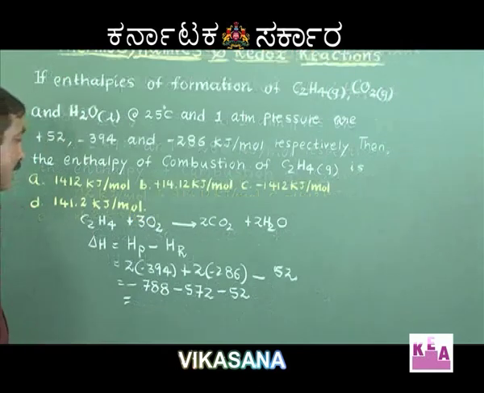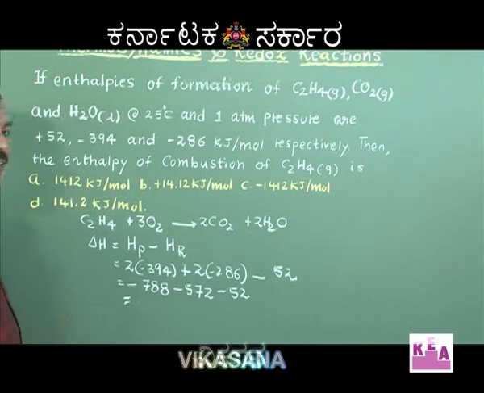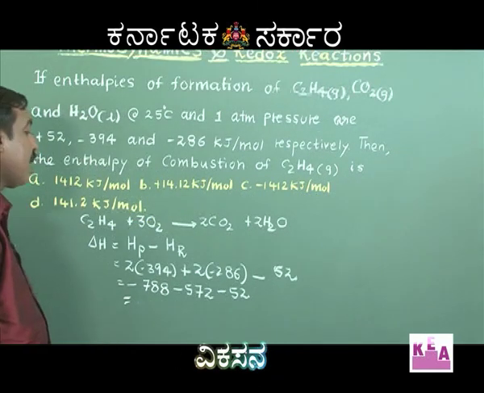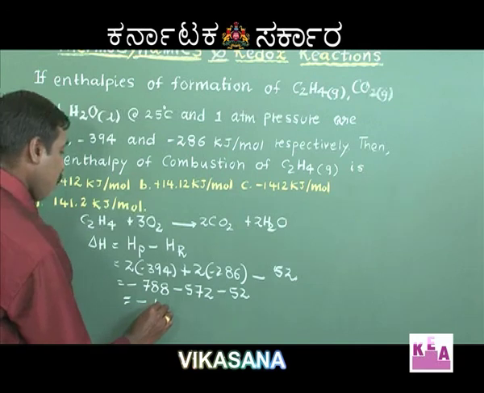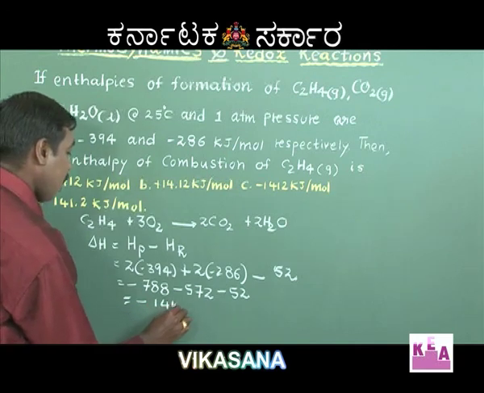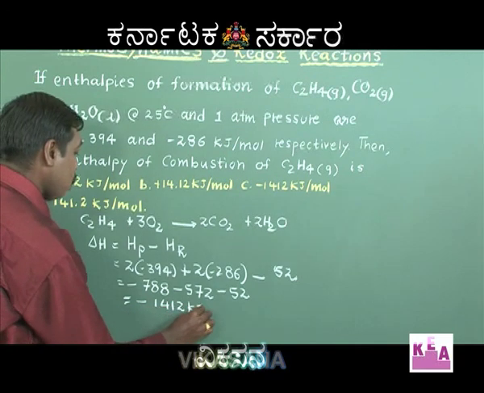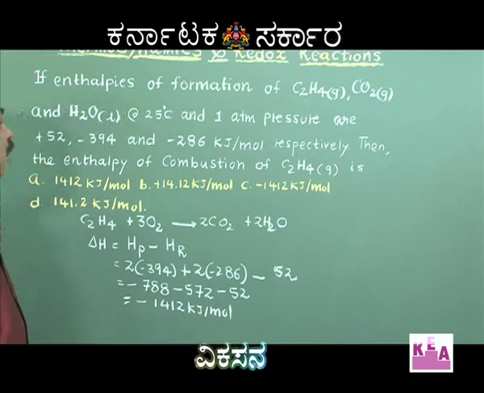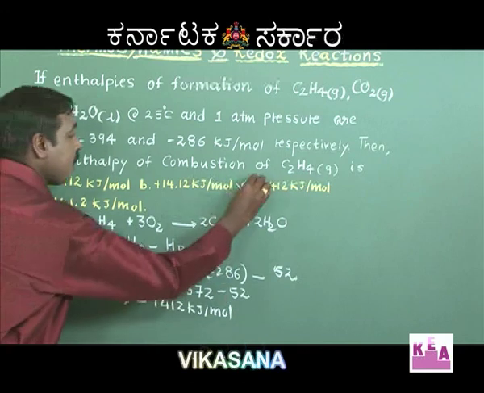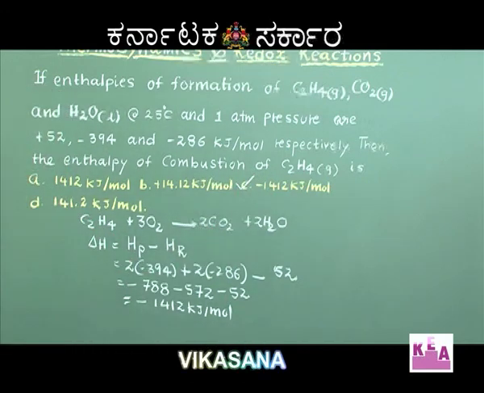Let us do this calculation. Adding up all this, I get the value as minus 1412 kilojoule per mole. Therefore, my right option is option C, minus 1412 kilojoule per mole is the right answer.